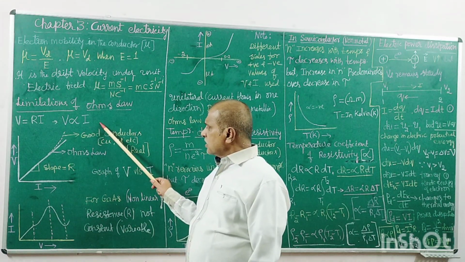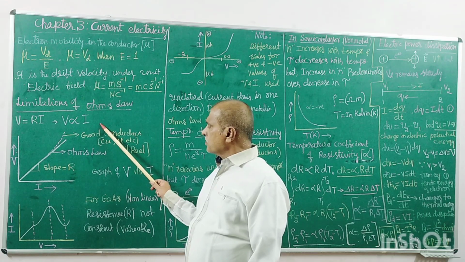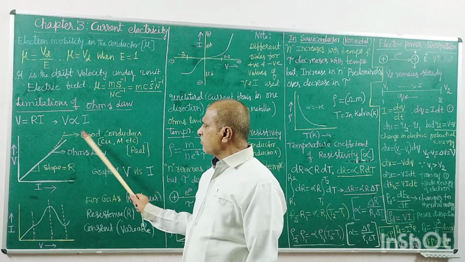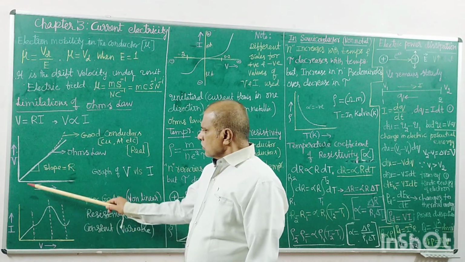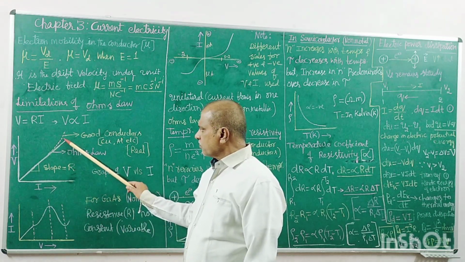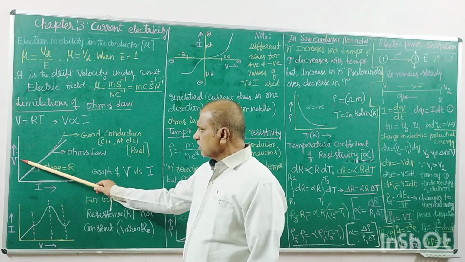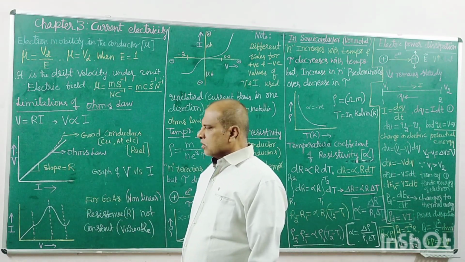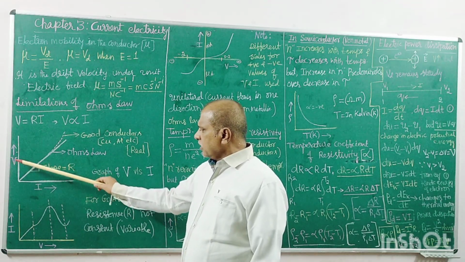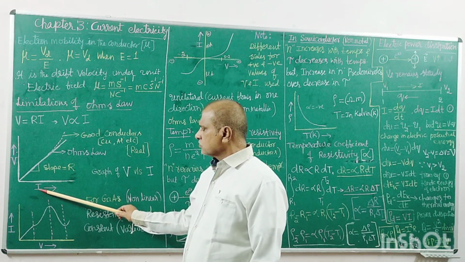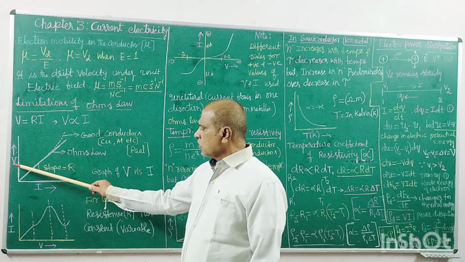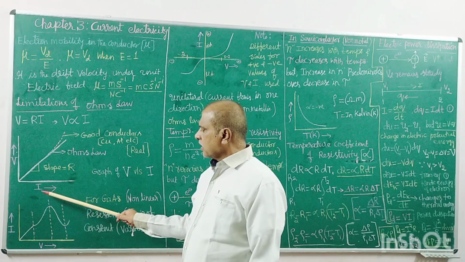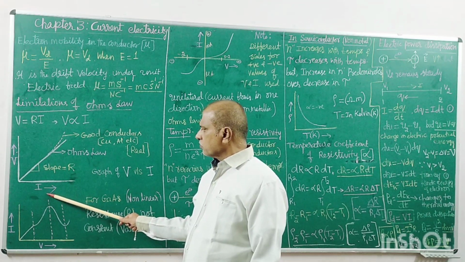It can also be represented in the graphical representation of Ohm's law. If you put this equation in the graphical form, we get a graph like this, with V on the y-axis and I on the x-axis, because the values of V and I are measurable. Voltage is measured by a voltmeter and the current is measured by an ammeter.